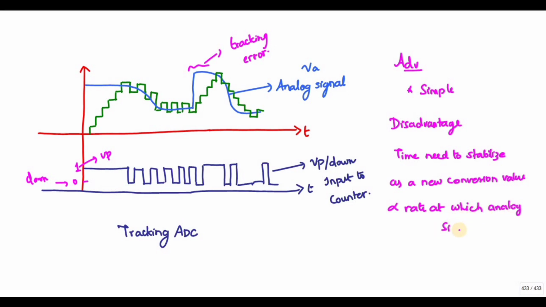So the tracking ADC is dependent on my analog signal value. If the analog signal value is more, the tracking time is also more. If it changes rapidly, there will be a tracking error.